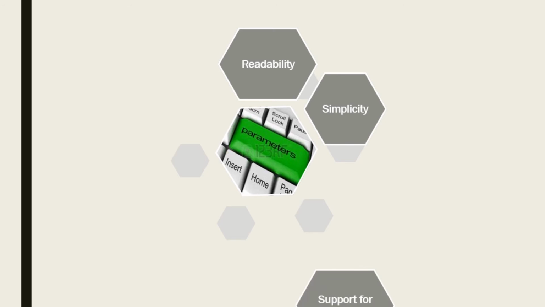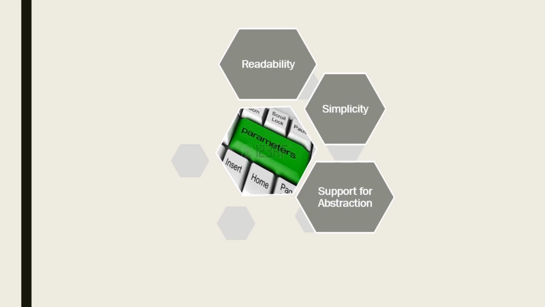Third is support for abstraction. Basically, abstraction enables programmers to represent essential details or features without including background details or explanations. These features enable programmers to create user-defined data structures.